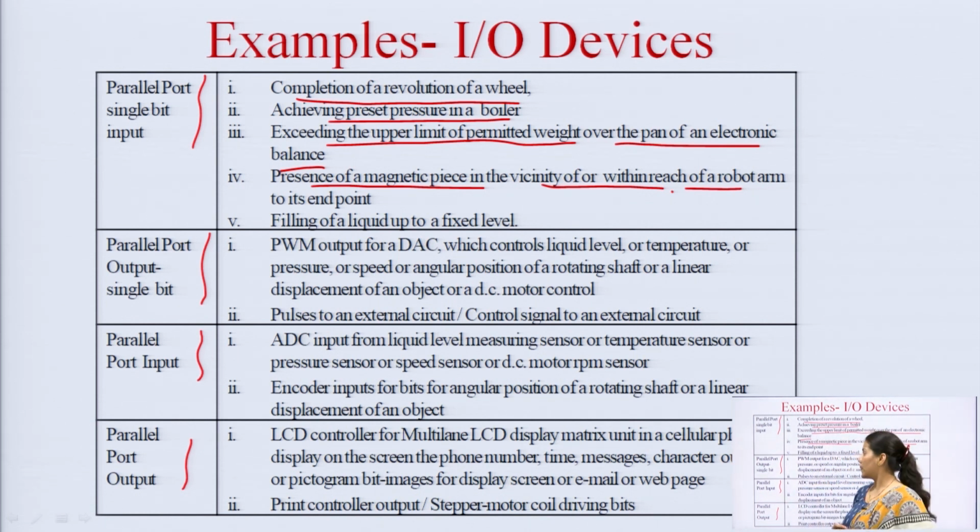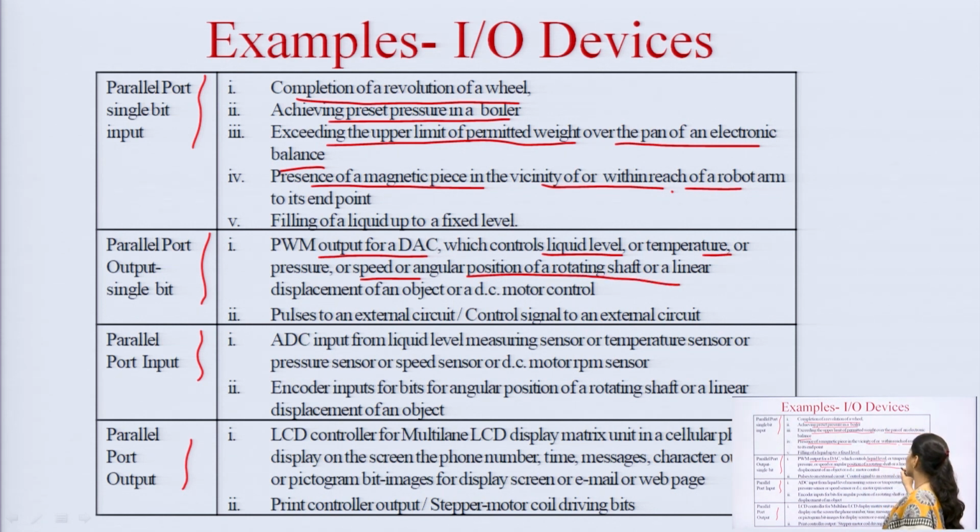Now, when we talk about the parallel port output examples: PWM output for a DAC, that is the digital to analog converter. PWM output is the pulse width modulated output, which controls the liquid level or the temperature or pressure, speed or angular position of a rotating shaft or a linear displacement of an object, or ADC motor control.